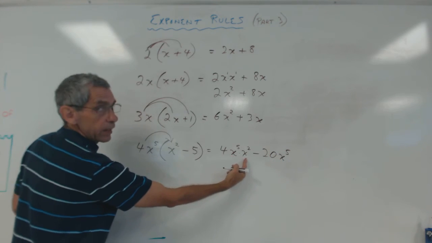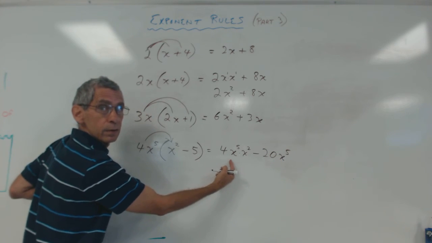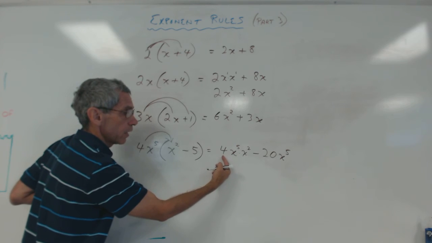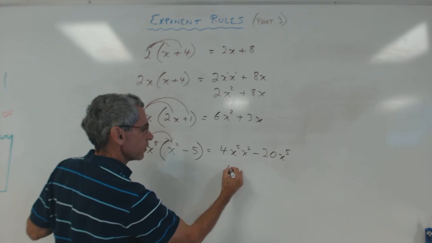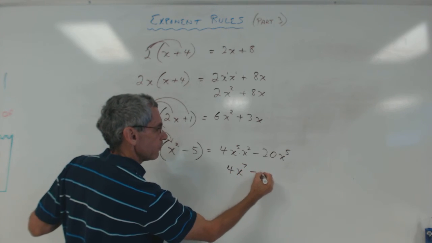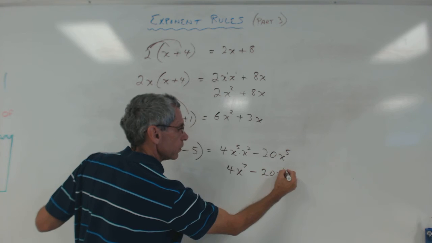Now, same bases, right? So what could I rewrite that as? Adding exponents, 4x to the 7th. Beautiful. 4x to the 7th minus 20x to the 5th.